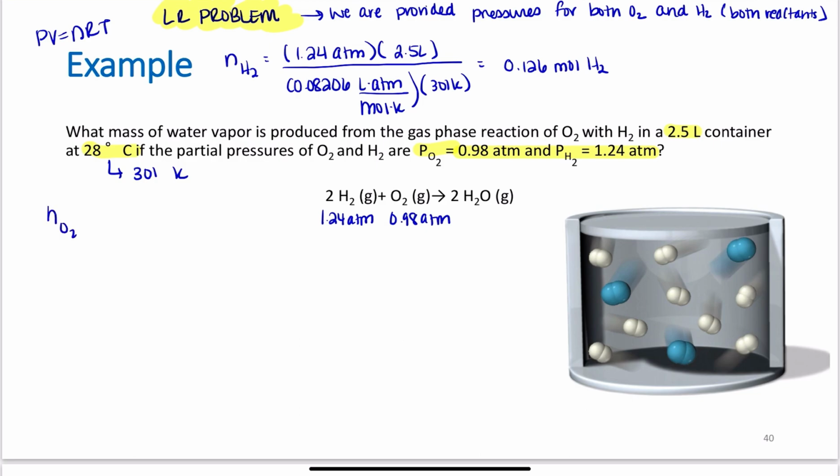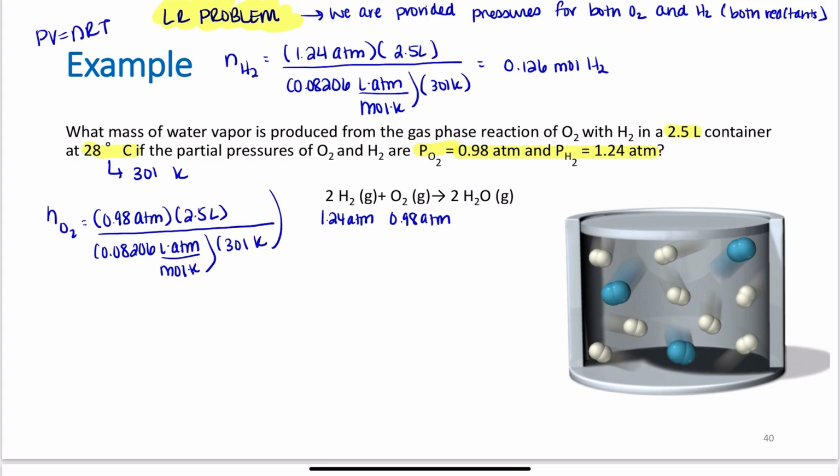Do the same thing for O2. I have 0.98 atmospheres of O2 in a 2.5 liter container. Gas constant 0.08206 liter atmosphere per mole K. And 301 Kelvin.